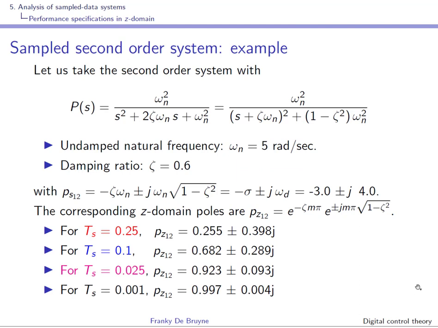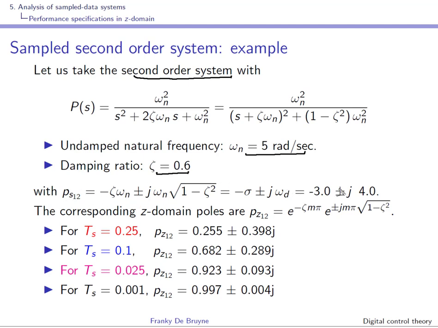Well, let us take an example and let us consider the second order system that, for instance, we might have obtained by looking at specifications in the continuous time case. And in this case, omega n is 5 radians per second and zeta is equal to 0.6, right?